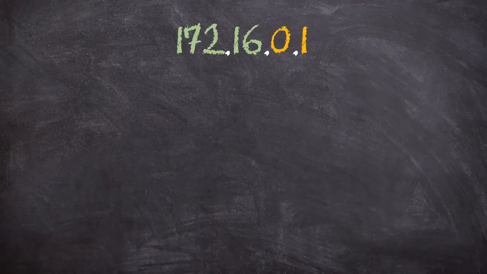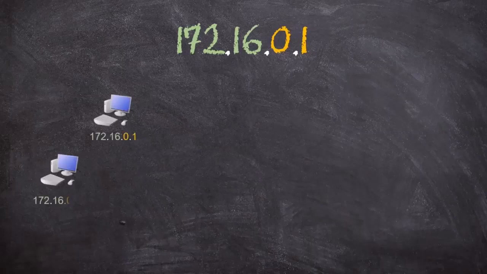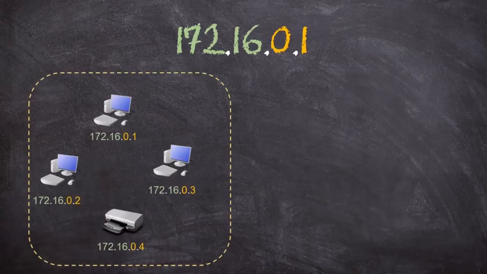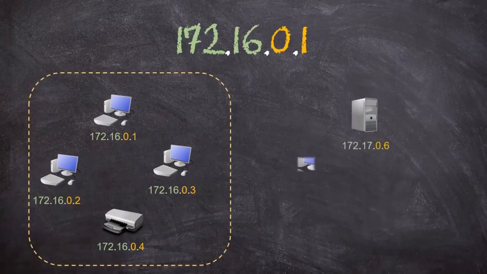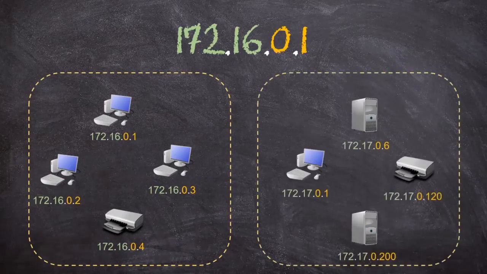The first part, 172.16, refers to the network. The second part, 0.1, is the host address. All the hosts here that start with 172.16 are in the same network. If we add more hosts and the IP addresses start with 172.17, then this is a different network. If hosts in different IP networks need to communicate, then there needs to be a router between them.